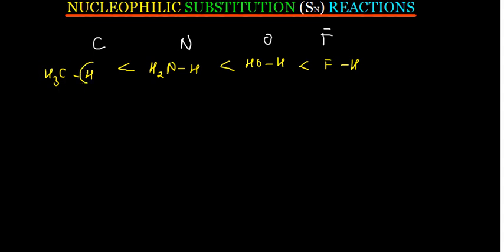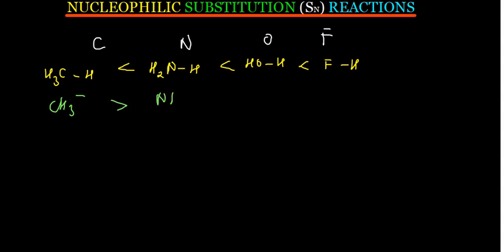So when this hydrogen is lost, we are going to have conjugate bases. And we know that the weakest acid is going to form the strongest base. So for the conjugate bases, we are going to have CH3 with a minus. This is going to be the strongest.